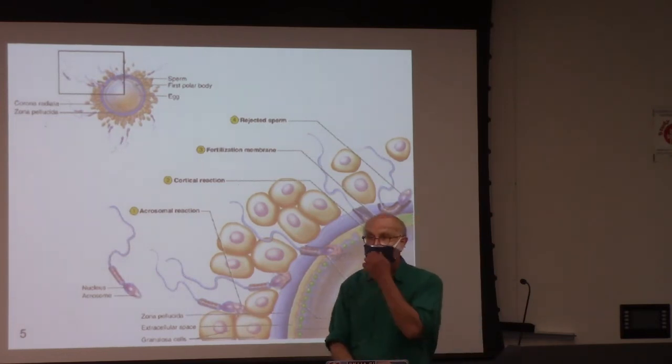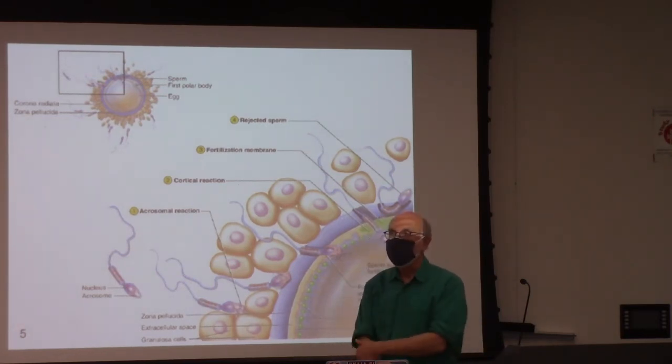Is it possible for polyspermy to occur? Oh, yeah, it is. So, sure, we can get polyspermy. There are people who are triple X, XXX, or XXY, or XYY.